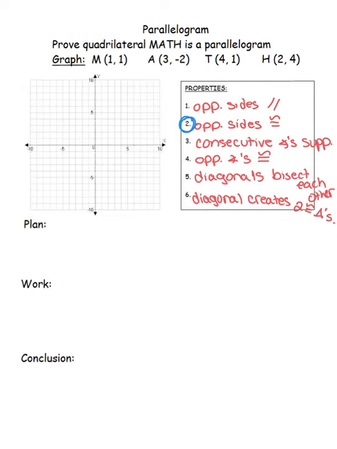So the first thing when we're doing a coordinate geometry proof, we're going to graph the picture. So M is 1, 1. A is 3, negative 2. T is 4, 1. And H is 2, 4. So that's M, A, T, and H. Now to prove this is a parallelogram, first I'm going to write my plan.